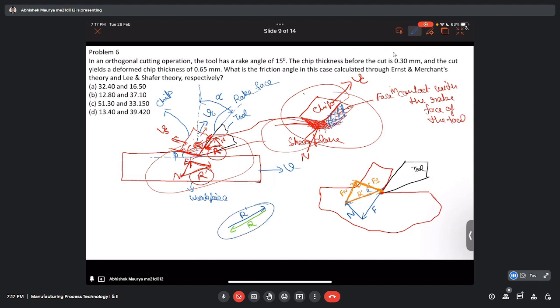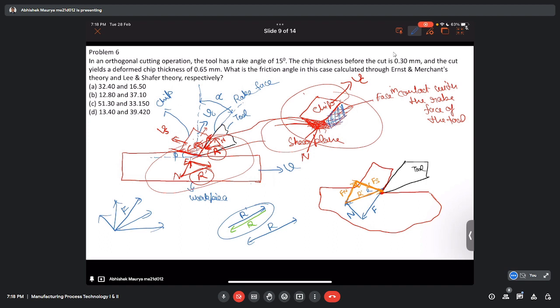But this resultant force R can be resolved in any direction in a plane. If you remember, if we have a force vector like F, we can resolve it in any direction, or in any two sets of perpendicular directions.